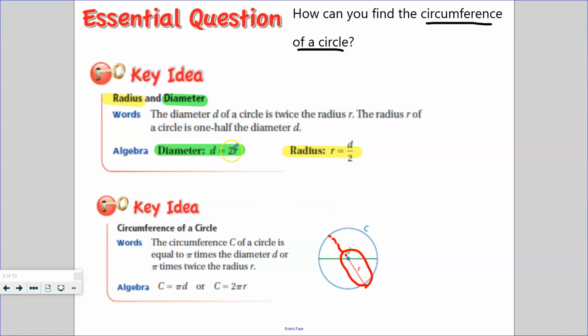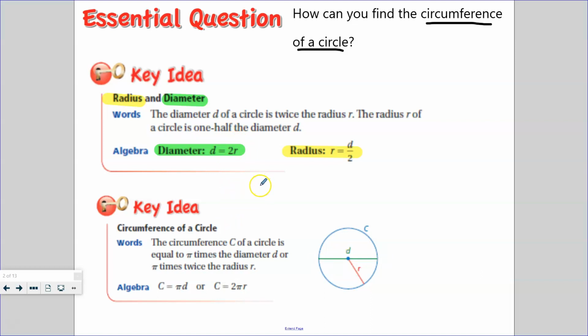So 2r, 2 radiuses equal the diameter. And then if you look at the diameter, well, half of it is the radius, right? So we divide by 2 to get half of the diameter, right? So radius is half the diameter, and the diameter is just 2 radius put together.